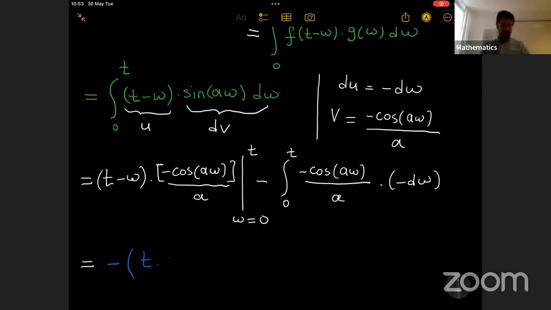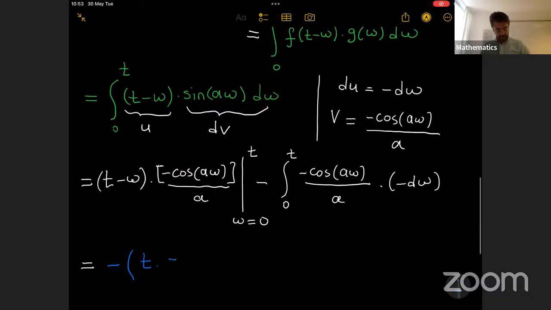Minus cosine 0 is minus 1 over a, okay? This is the first part.